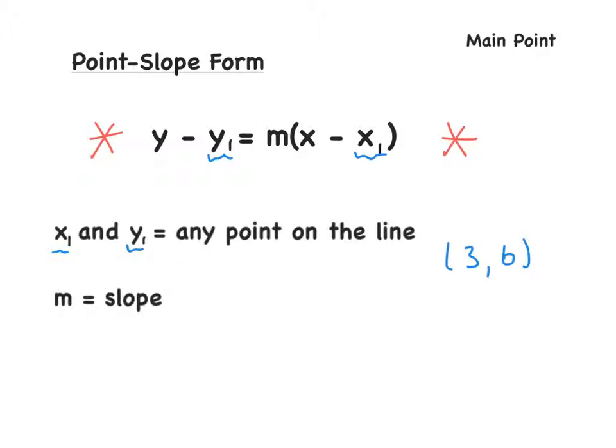In this case, 3 is x1 and 6 is y1. m is the slope, like we're used to seeing, especially in slope-intercept form. On the next slide, I'm going to show you how to input information into the point-slope form.